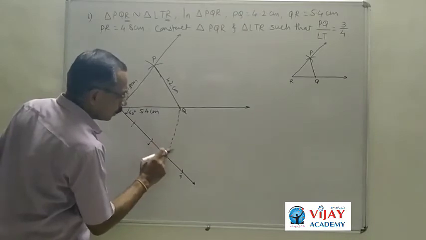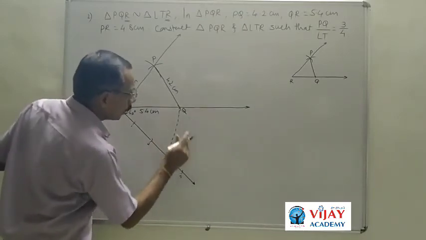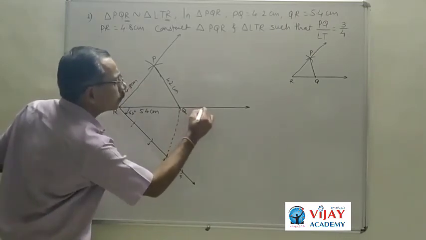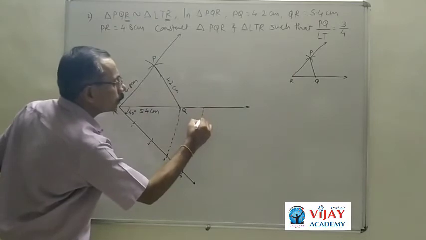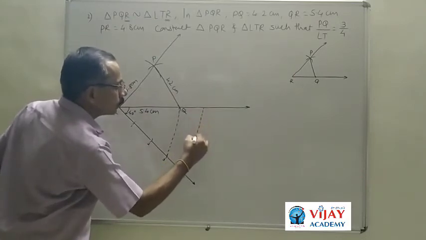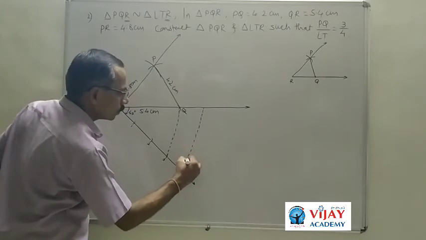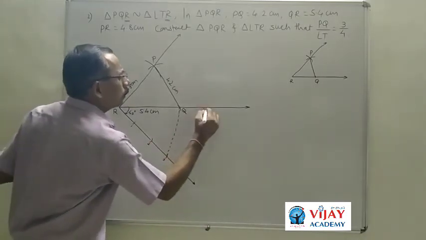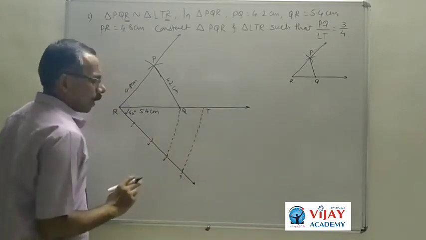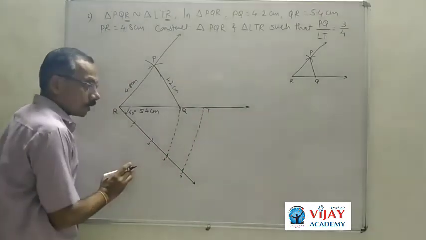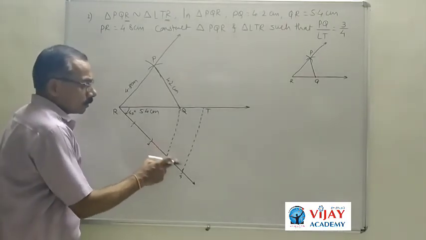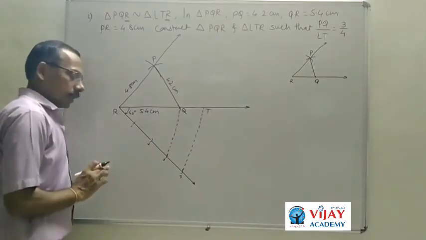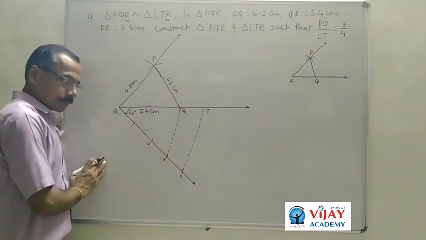If we draw this angle equal to this angle, we get a parallel line. Q3 and T4 are parallel to each other by the corresponding angle test. These are the two corresponding angles, so these two lines become parallel. So this is a backdoor method.